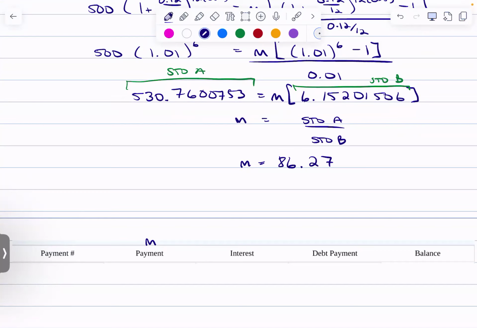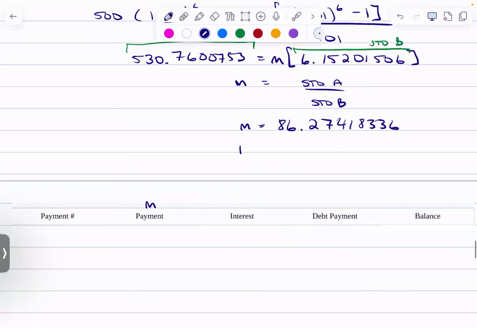Sounds like they had a test in there. 0.274183336. As a payment, we get $86.27. Nice.